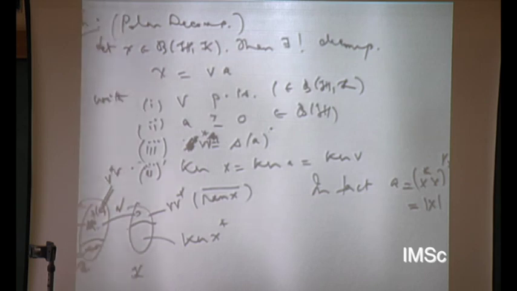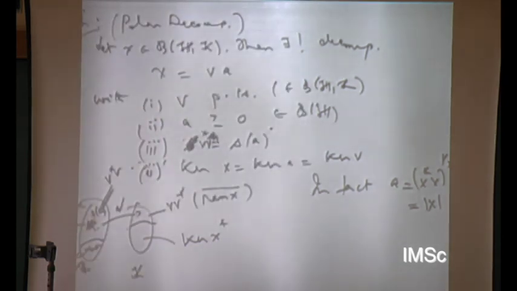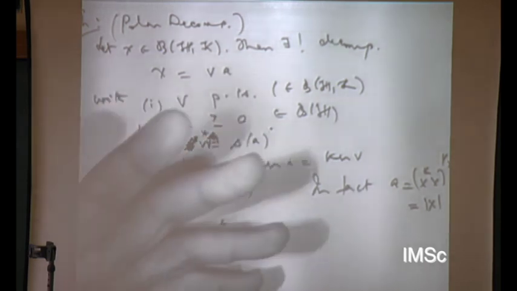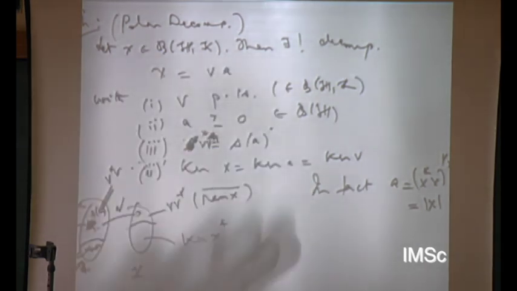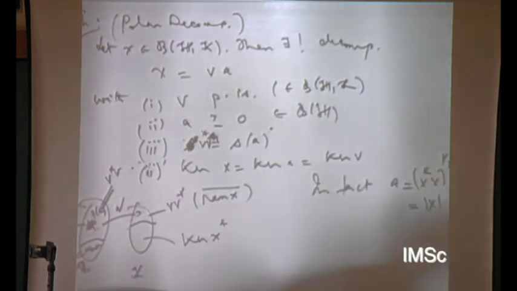The natural thing to have said when you wanted polar decomposition is VA where A is positive and V is unitary. But you cannot expect that in infinite dimensional Hilbert space. The whole problem is that the initial space of V and the final space of V must have the same dimension, because V is an isometry from here to there.